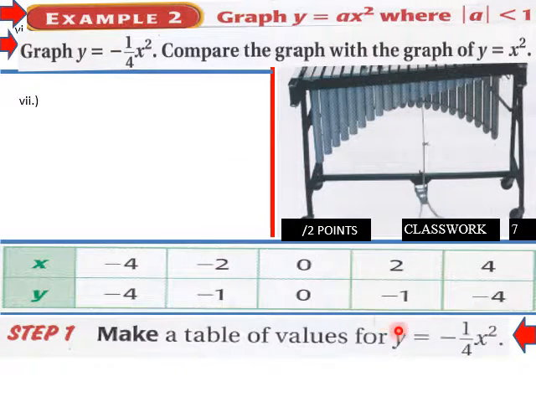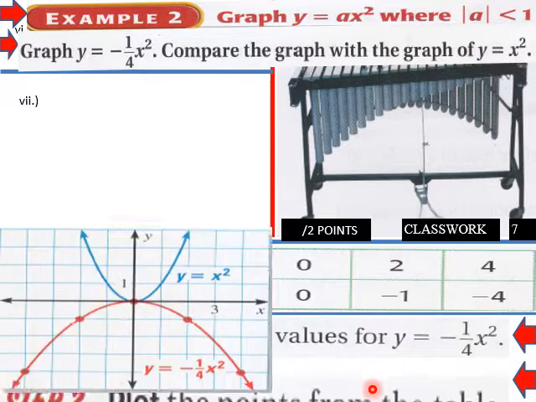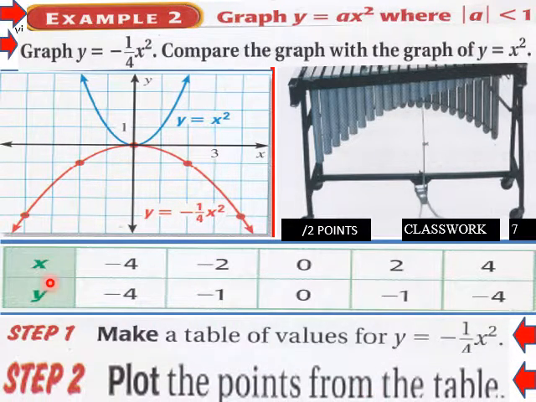Here's the table of values now for this quadratic, y equals negative 1/4 x squared. When x equals -4, y equals -4. Here's the graphs now. If your coefficient is negative, your parabola will point down like this. Here's your parent function up here.